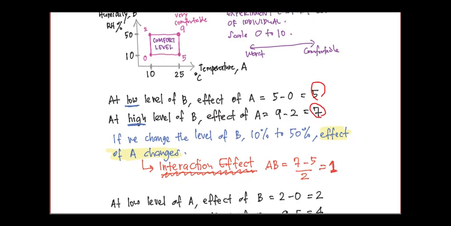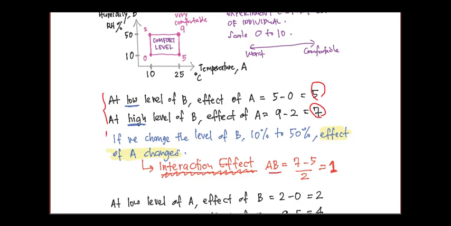Now, how can we actually explain this? We can say if we change the level of B, or relative humidity, from 10% to 50%, the effect of A changes like this: AB, or we call it the interaction effect.